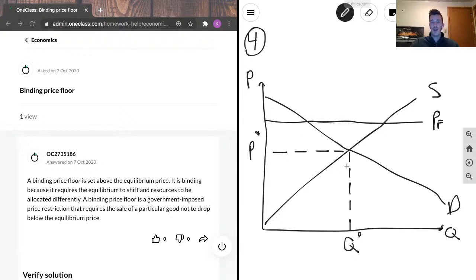So if this is our regular market and a price floor is set above the equilibrium, then the price moves from P star here to PF. Before the price floor, we had a quantity demanded equal to quantity supplied, but now we have quantity supplied way out here, and quantity demanded way back here.